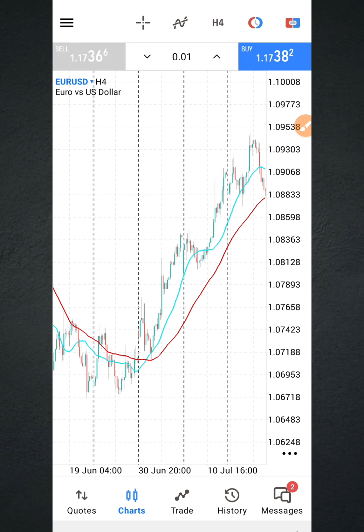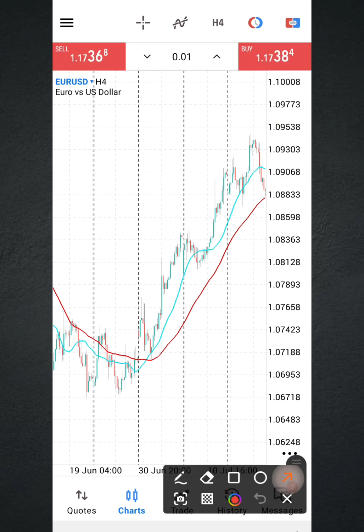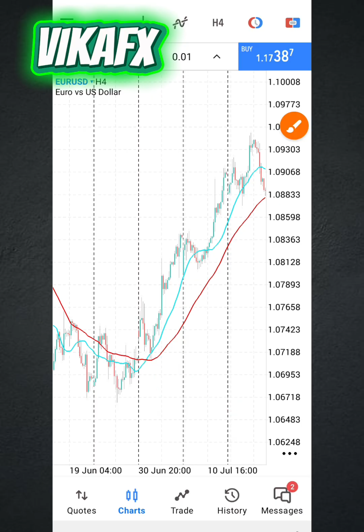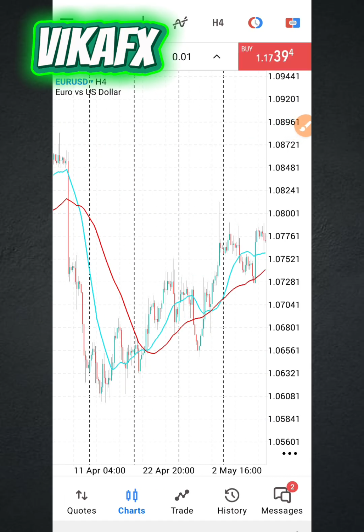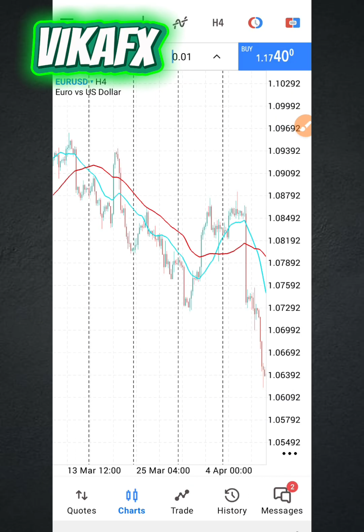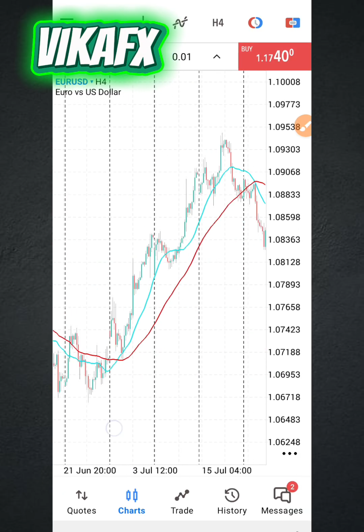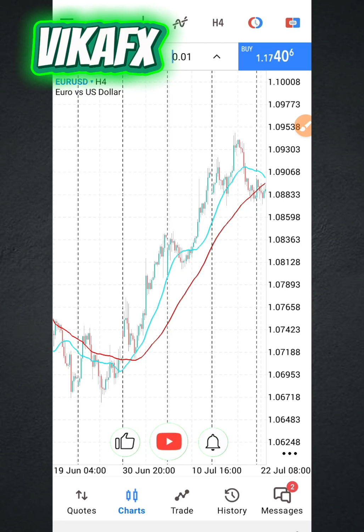Okay, you can see here the moment you had the crossover at this point here, the candle started forming up, up, up, and it kept going up. So that's very important. If you go back into the past, when there's a crossover, the price will start moving in the direction of the crossover. So for you to have an uptrend, the red line, the 50 EMA or the 50 moving average, must be below the blue one.